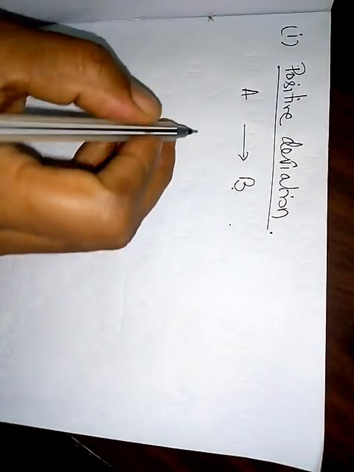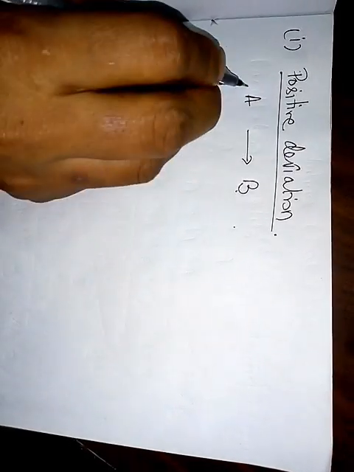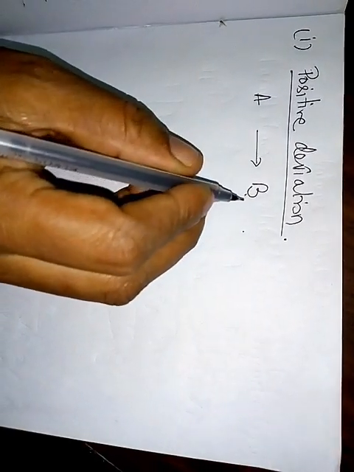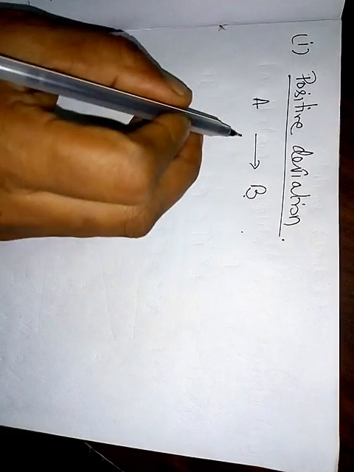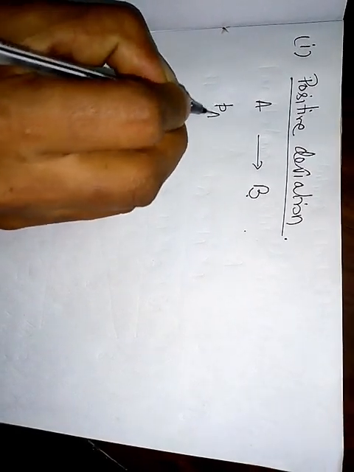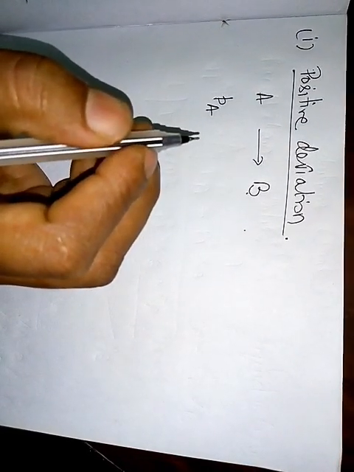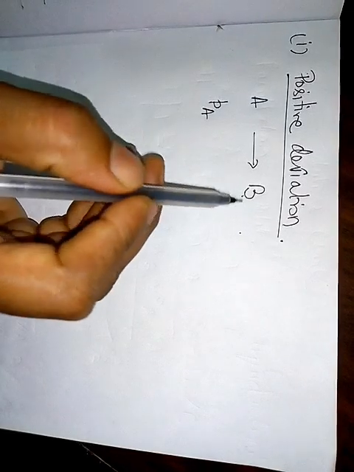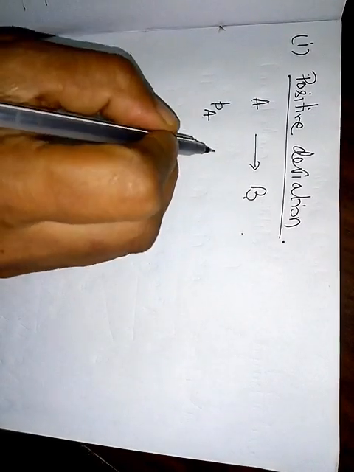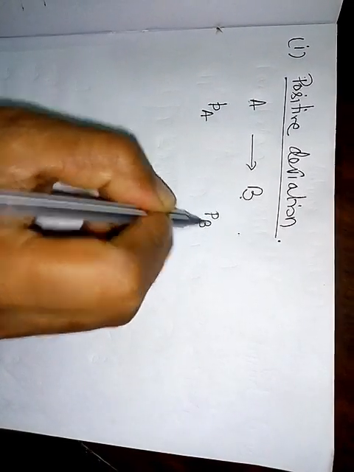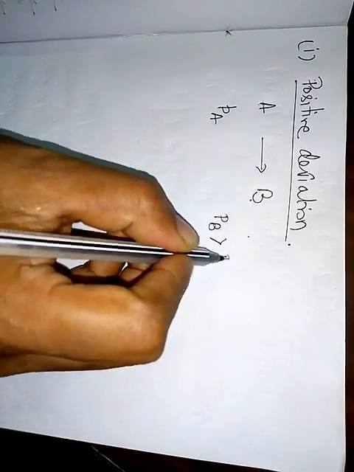Again, I am repeating: when A is added to B, the partial pressure of A is found to be more than expected, and if B is added to A, the partial pressure of B is more than expected.